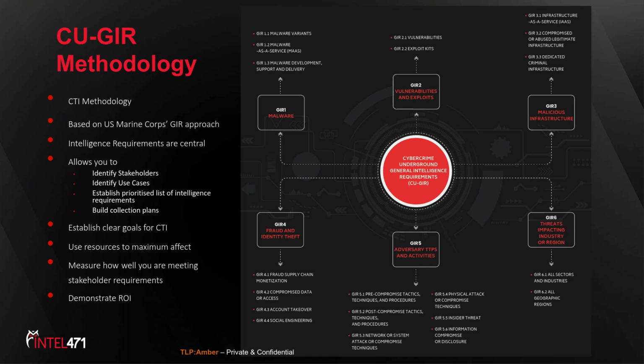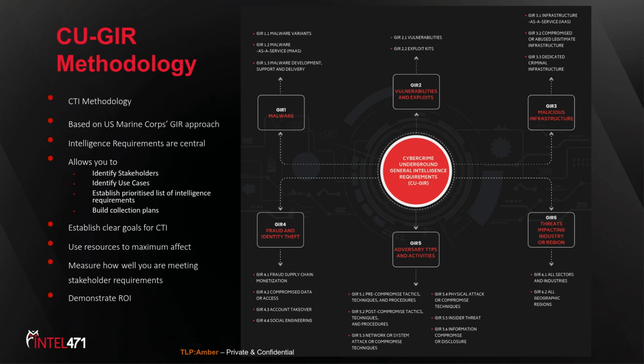So the CUGIR methodology allows you to establish clear goals. Everybody always has limited resources, so you use your resources to maximum effect. You're able to measure how well you are meeting stakeholder requirements. You're able to adapt to changing requirements very quickly.